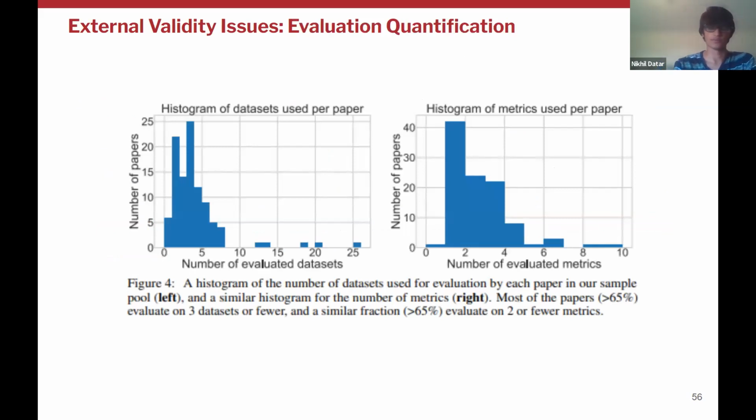Now, there's been a study that was run basically to see the average number of data sets and metrics that were used. Using these, you can look at the number of learning problems that were considered within a study. In this study, 140 papers were randomly sampled from prominent journals in the past 5 years.